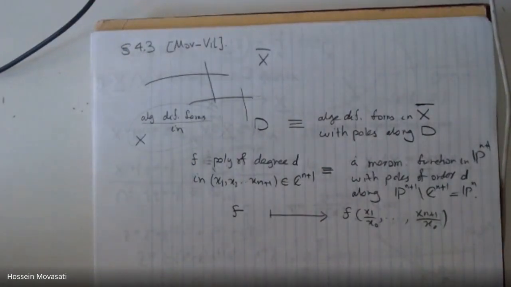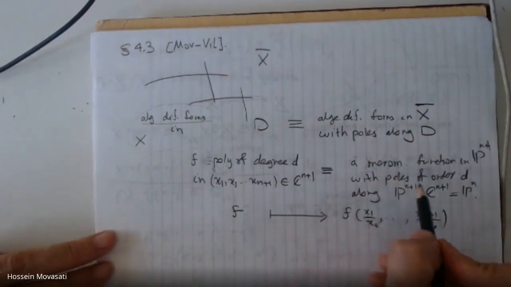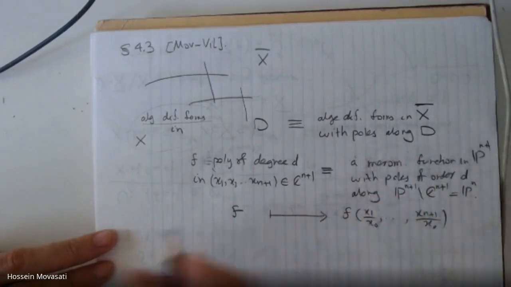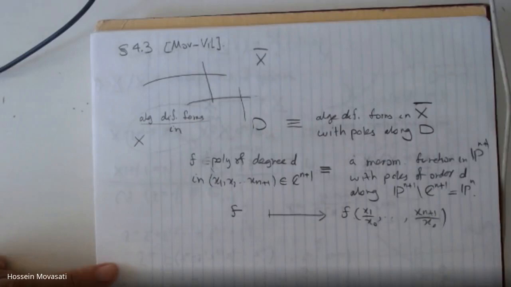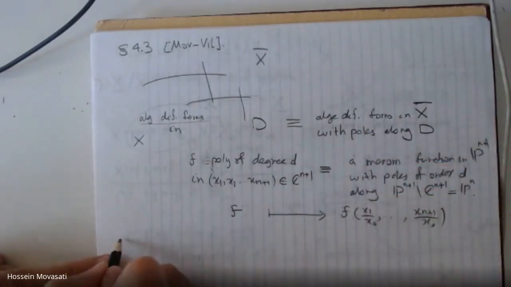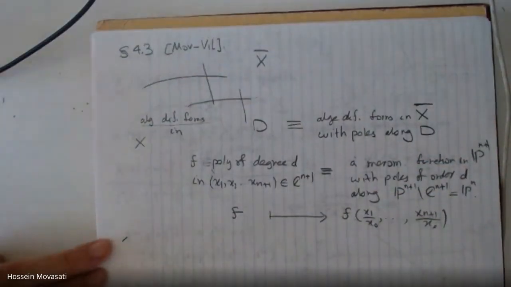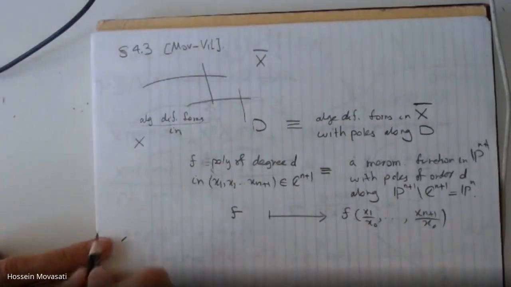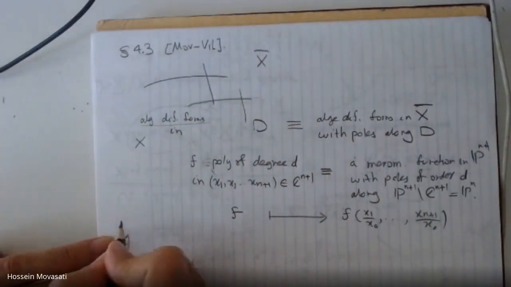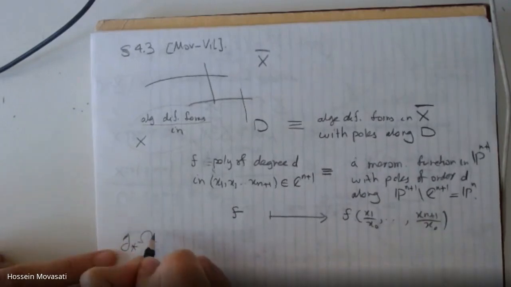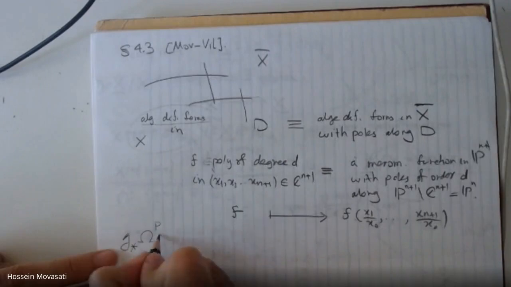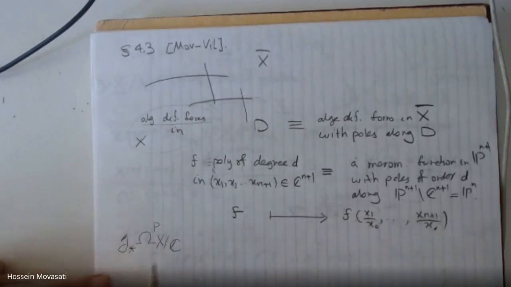And okay, then what is the next step? So this is still in the category of algebraic objects, but we can consider, let me say, what is written in the book, the notation Omega^p_{X/C}.